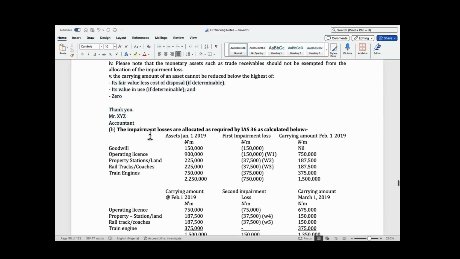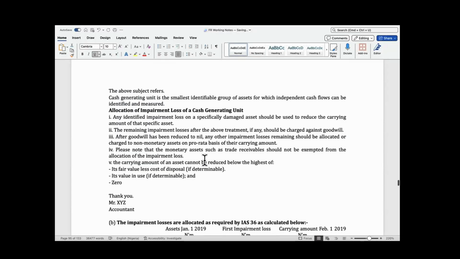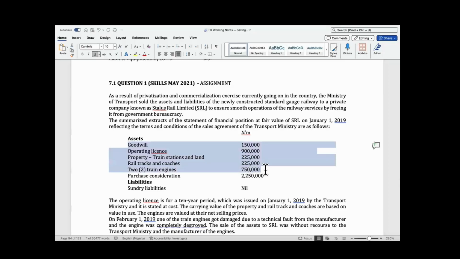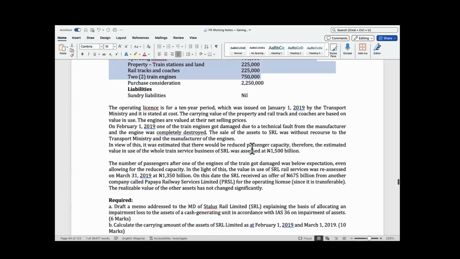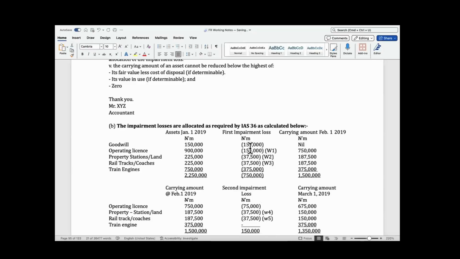Now B, where they asked us to allocate impairment loss in February and in March. First, I listed out all the assets given in the question with their carrying amounts. The total was 2.2. So what we just did was to list out all of these assets. Then I followed the order of impairment loss.